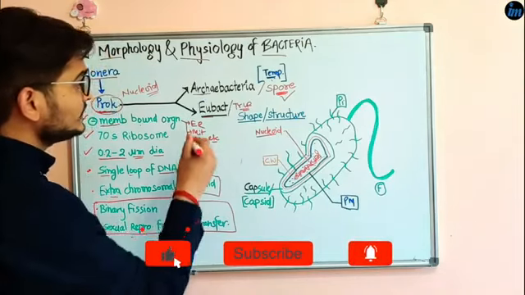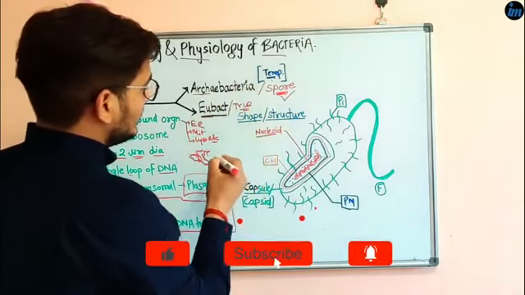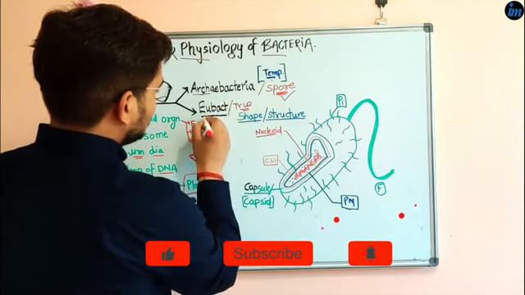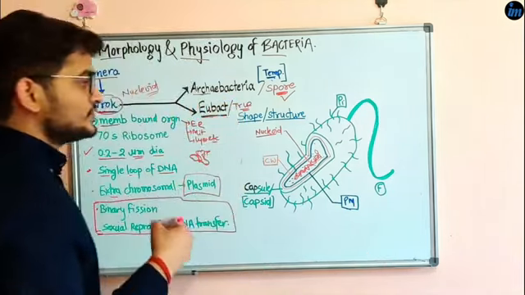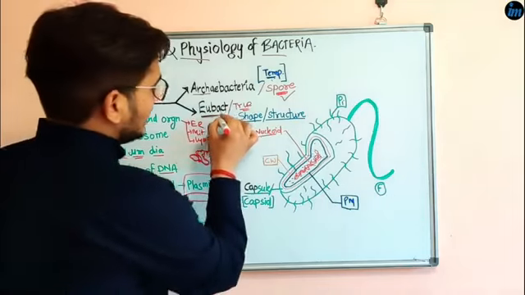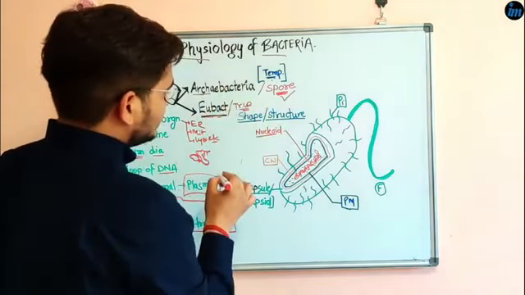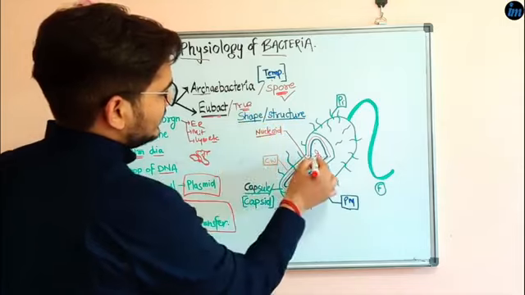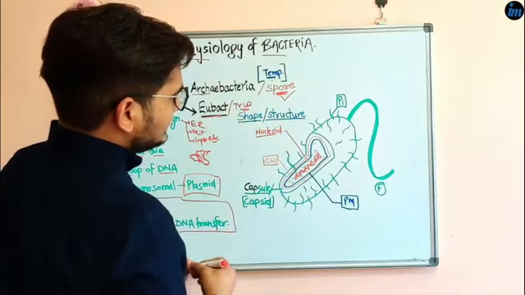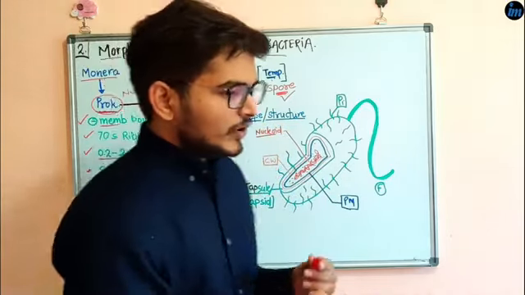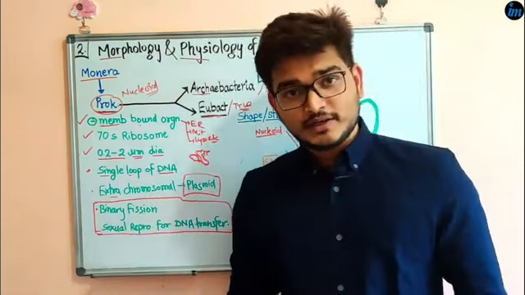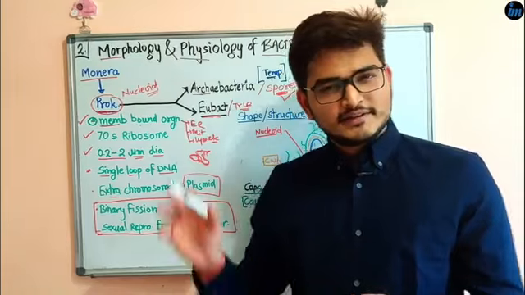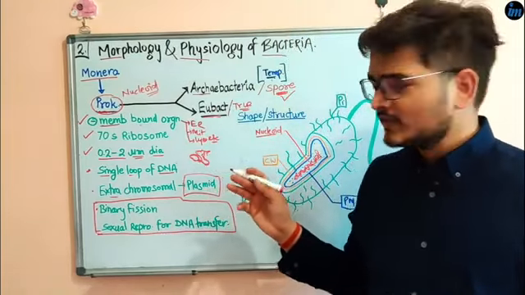Okay, so let's go to the eubacteria shape, because we are interested, and it is also in our syllabus that we have to study eubacteria. Eubacteria are known as true bacteria because of the existence of a nucleate shape. I tell you honestly, if you are studying in a medical college, never expect things to be simple in front of you.